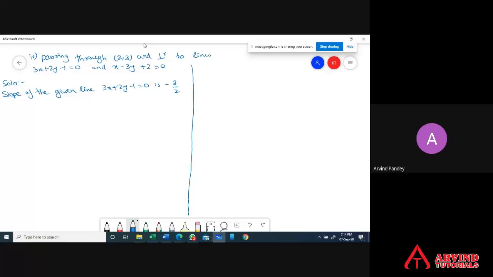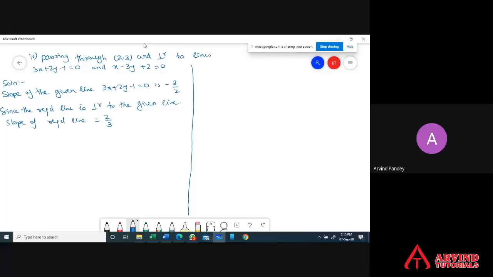Okay, so next see what they have told you, whichever line you need, it is perpendicular to this, no? So next I'll say, since the required line is perpendicular to the given line, slope of required line is nothing but 2 by 3, okay, negative reciprocal.